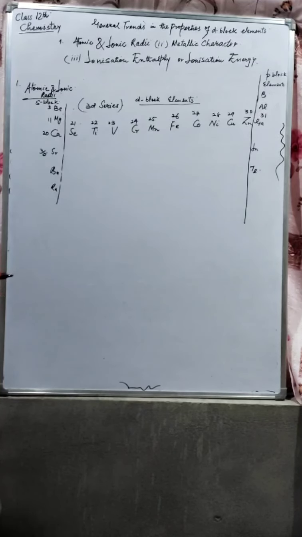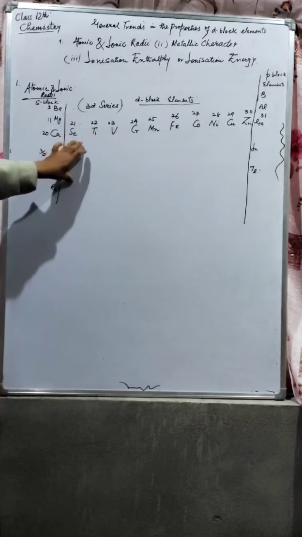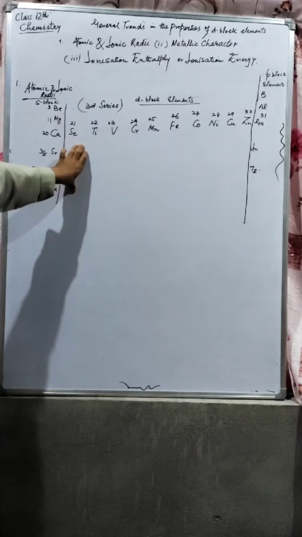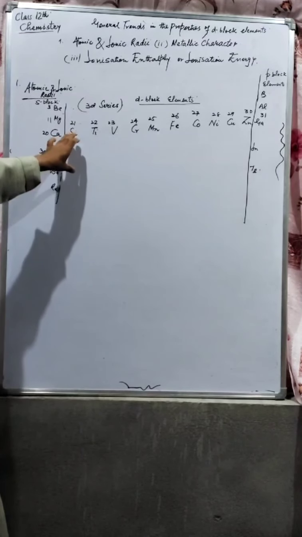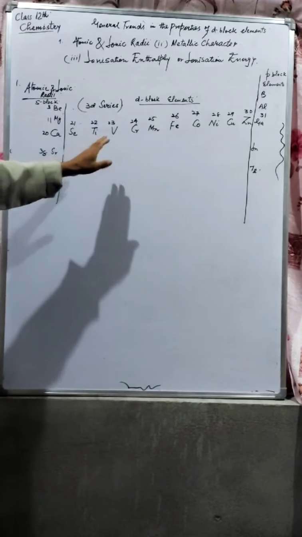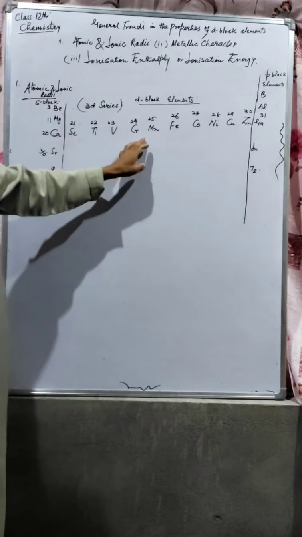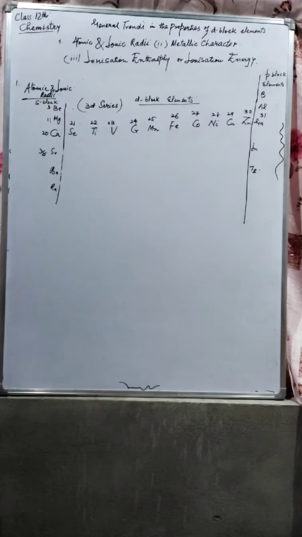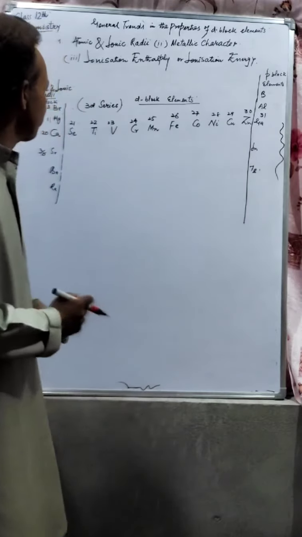In the 3d series the atomic radii decrease from scandium to zinc, although the decrease in the atomic radii is very small from the midway, and at the last it slightly increases.